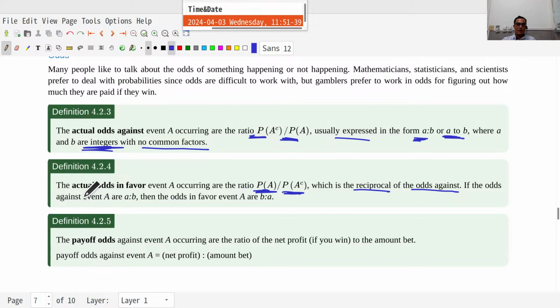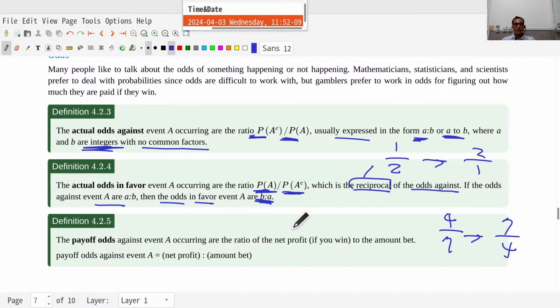If the odds against event A are a to b, then the odds in favor are the reverse, that is b to a. Very similar because it's reciprocal. For example, 1 over 2, the reciprocal is 2 over 1. 4 over 7, the reciprocal is 7 over 4. Okay, reciprocal.